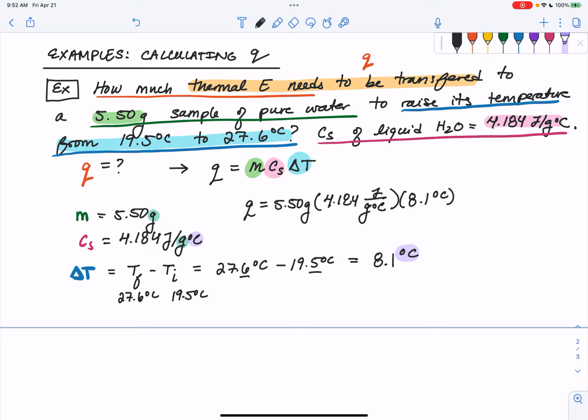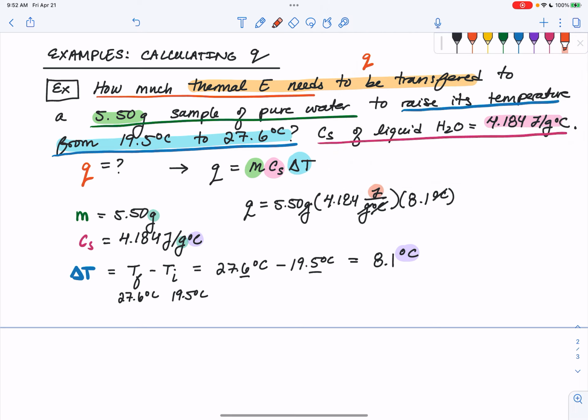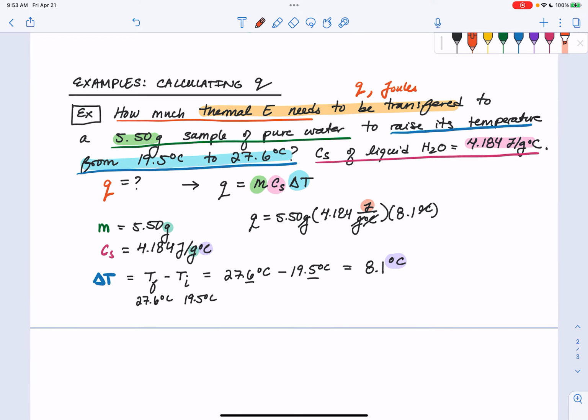And if I look at my units, I will have grams and then per gram cancel, degree C and per degree C cancel, leaving behind the joule unit, which is great because heat is an amount of thermal energy transfer. So anytime I'm calculating an energy unit, this needs to be in joules. We are not biologists in this class. We do not use the calorie unit of energy.